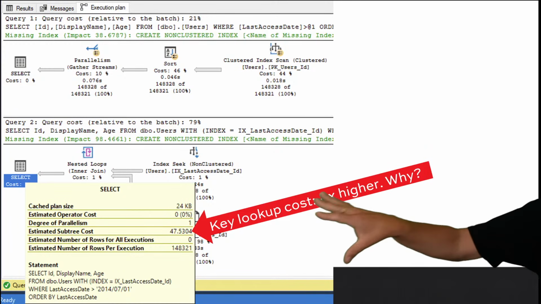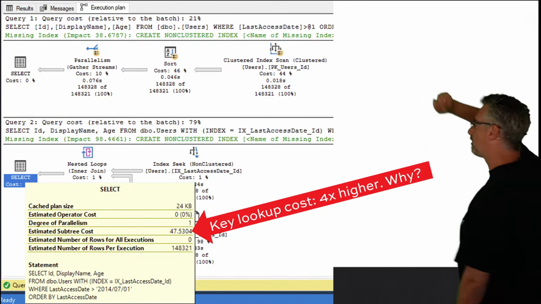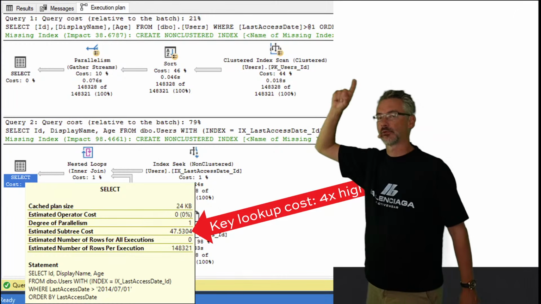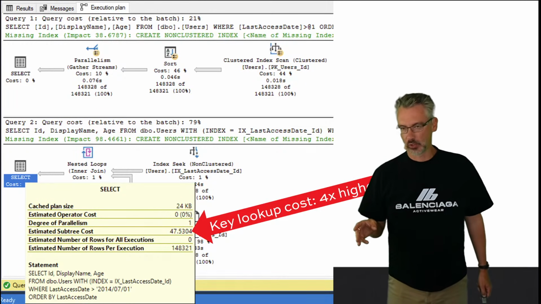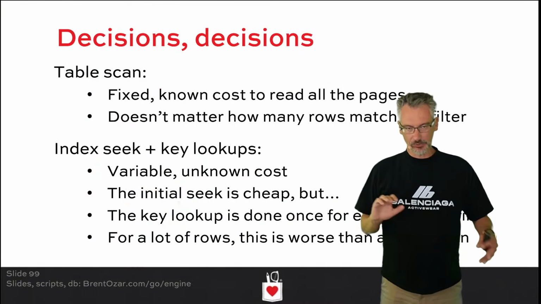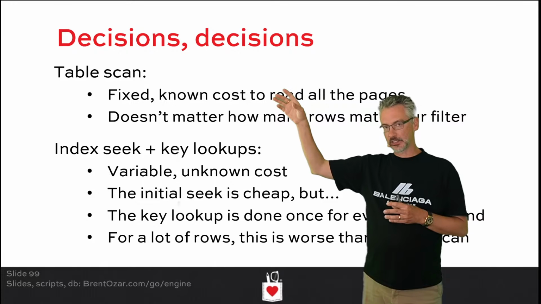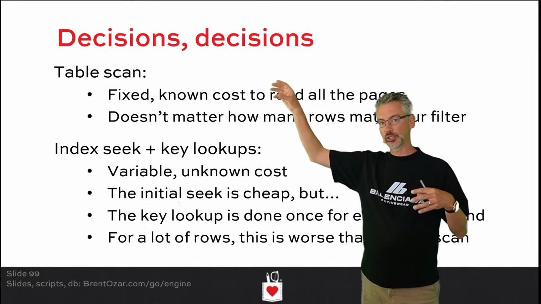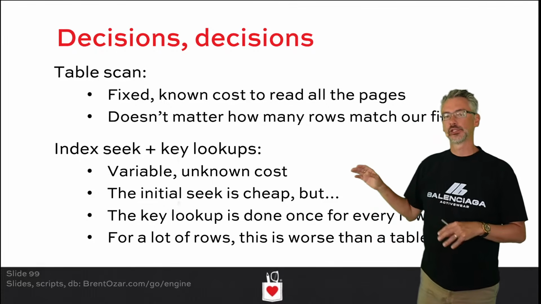This one's way more expensive, and it knew that before the query even started. SQL Server estimated all this before it even pulled rows back. SQL Server had to choose between scanning the entire table and doing the sort, ignoring our indexes, versus using our index.